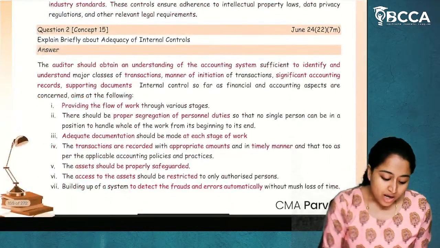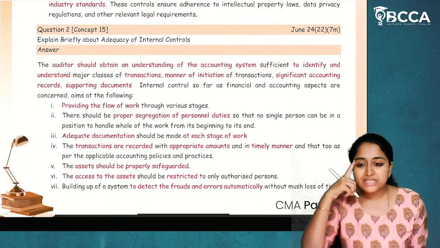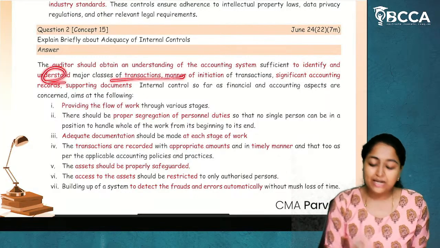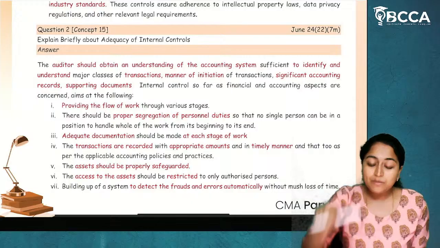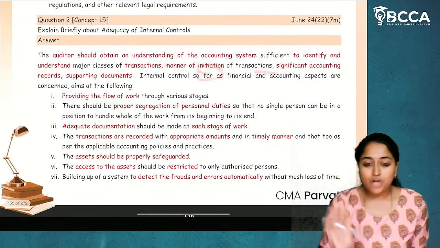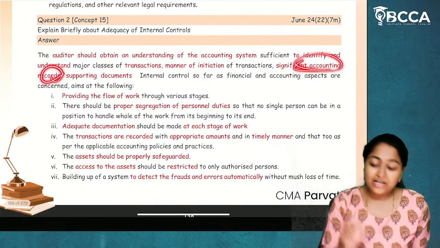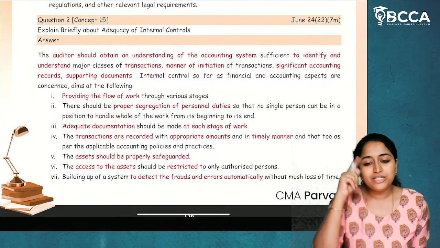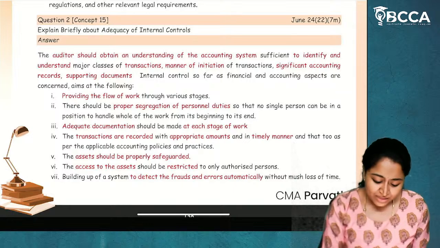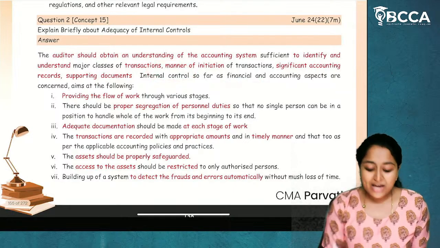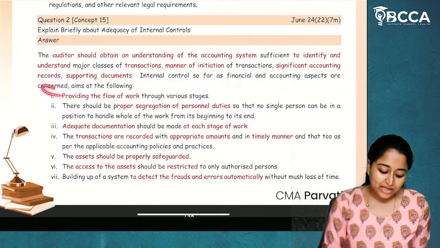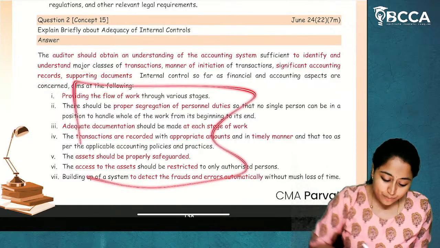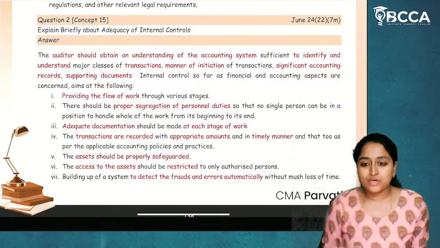So, auditors should have accounting system knowledge and understanding to identify and understand transactions, how they are being initiated in the organization, and significant accounting records and their supporting documents. To know all that, he needs to have an understanding. Internal control, so far as the financial accounting aspect is concerned, aims at the following. So, these are the points on which internal control will focus.